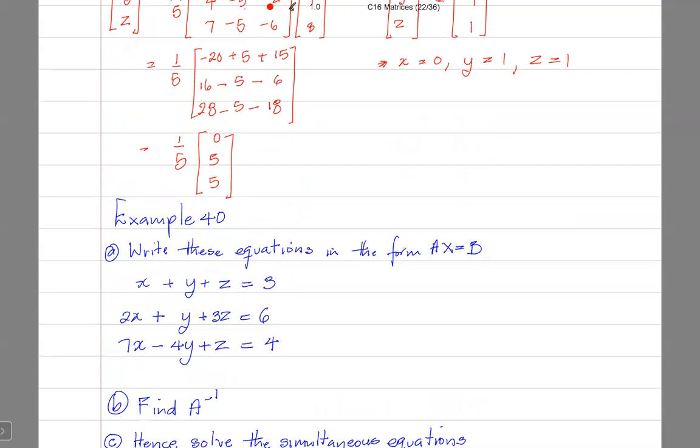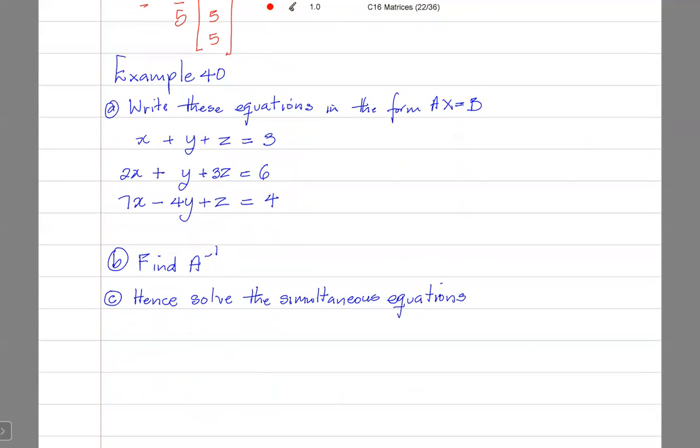Let's see if we can do it again. All right, here we're asked to write this equation in the form AX is equal to B. Well, we can easily do that. A is the coefficient matrix, so we have, taking only the coefficients, 1, 2, 7, 1, 1, minus 4, 1, 3, 1.